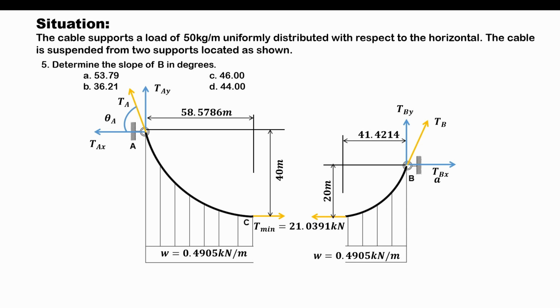And in this item, we are asked to determine the slope of P in degrees. So basically, if we were to reflect that slope in the given free body diagram below, that one would be this angle. So we are just solving the angle that the resultant tension at P makes with the horizontal.